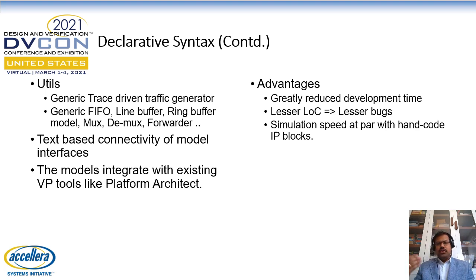You obviously have to write fewer lines of code, which is already debugged and used in multiple contexts, so fewer lines of code corresponds to fewer bugs introduced into the system. And if there was any concern, the simulation speed of such blocks is on par with hand-coded IP blocks. You don't suffer any degradation; the speed is about the same as if you hand-code the same functionality.